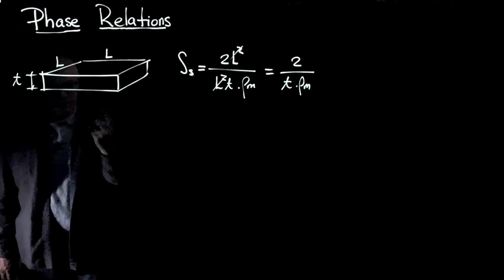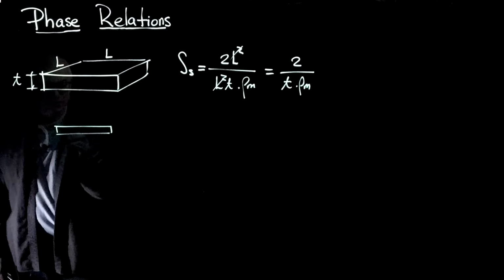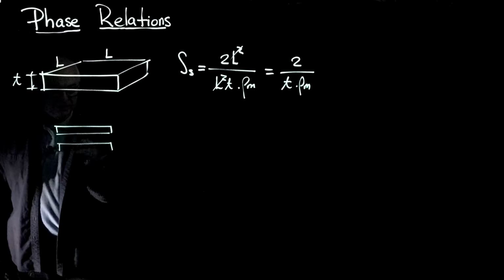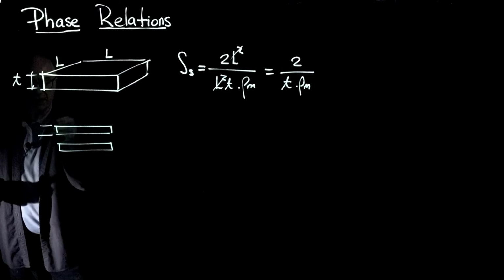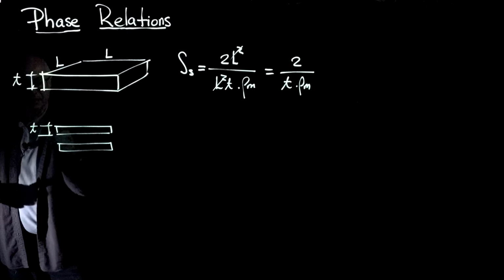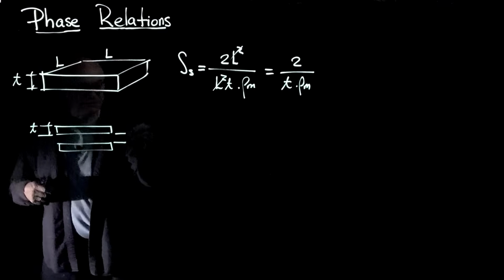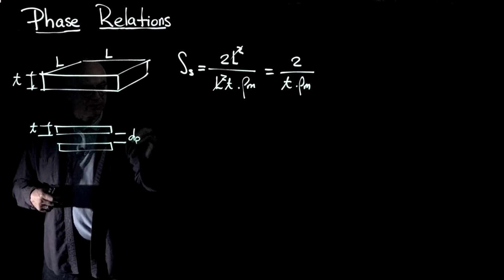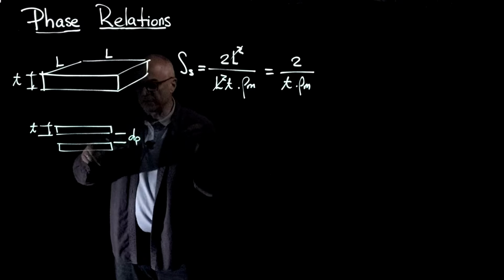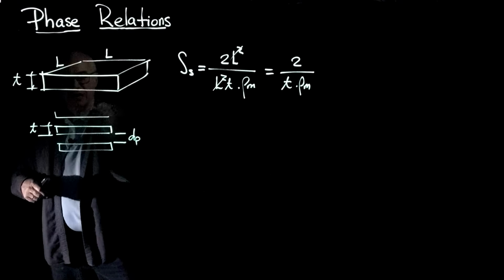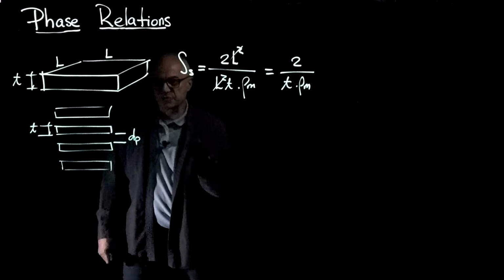Now let's take this one step further, and by definition of void ratio, if these particles are infinitely long and they are of thickness T, and there is a gap between these two, which is more or less the size of the pores, then we can say that for this configuration, and of course it repeats above and below, this is a repetitive structure, this would be a dispersed clay.